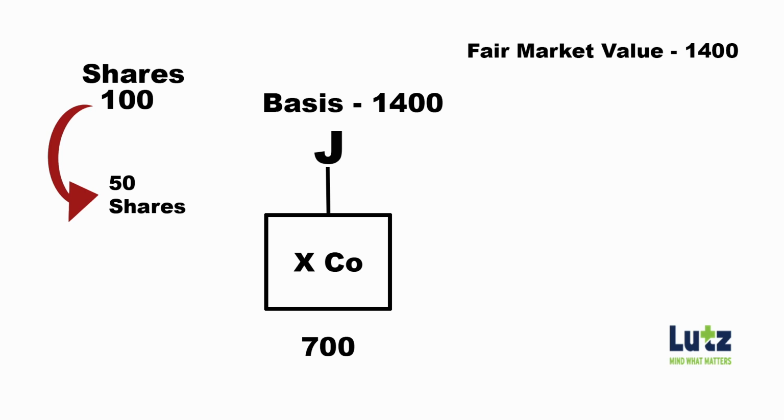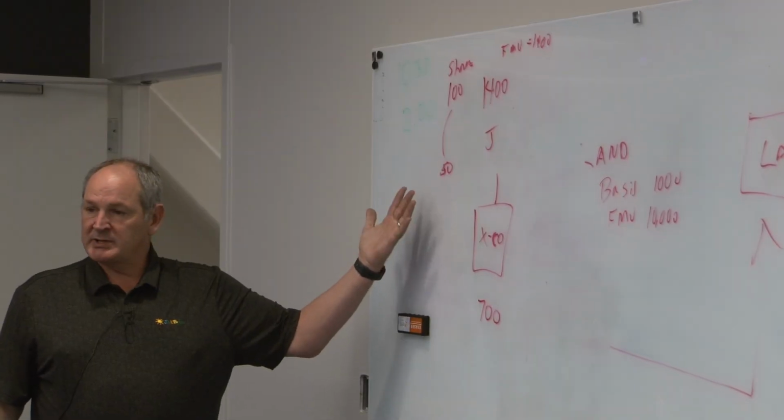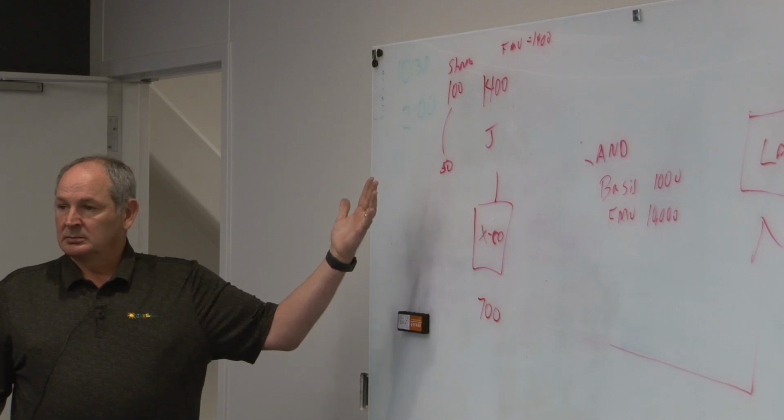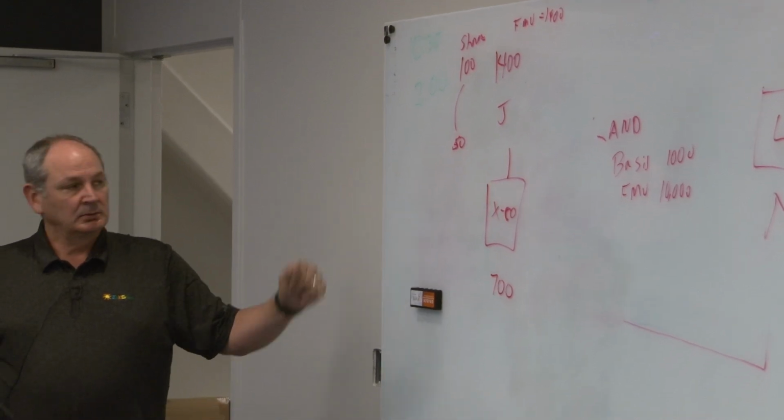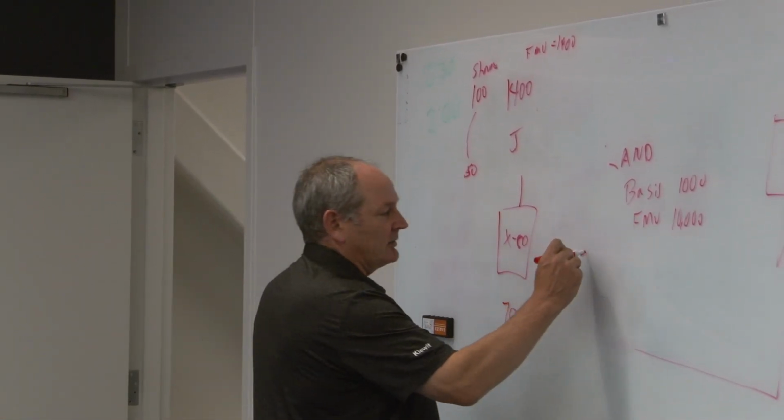And the fair market value of the company happens to be equal to 1,400 too. Well, I sell back 50 shares, 50% of the company, right? How much cash comes out? 700. Okay? So I have 700 of proceeds.